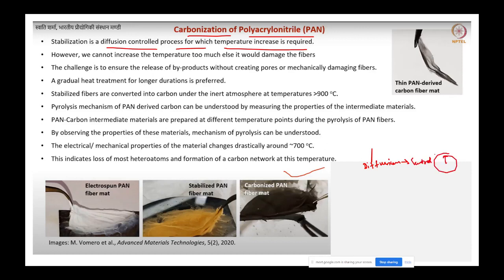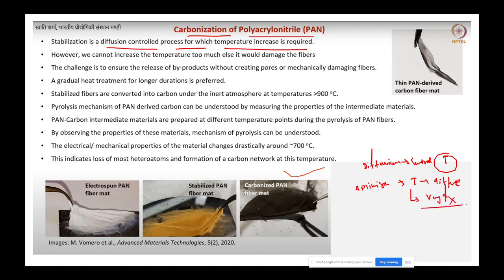However, we can't increase the temperature too much, else it will damage the fibers. So you have to optimize the temperature so that the diffusion can happen, but at the same time it should not go to a very high temperature.